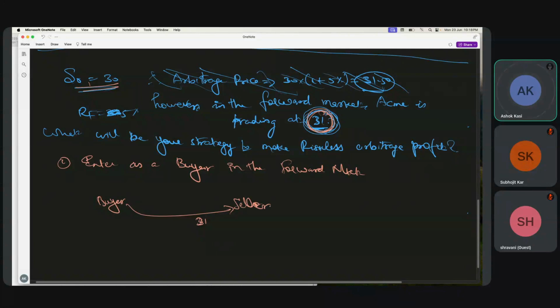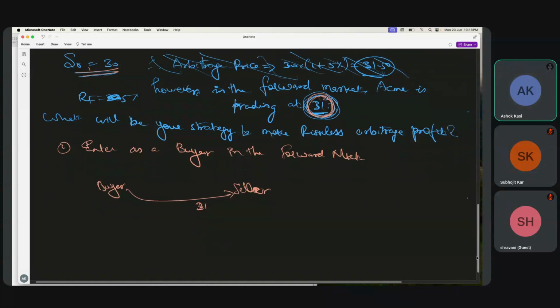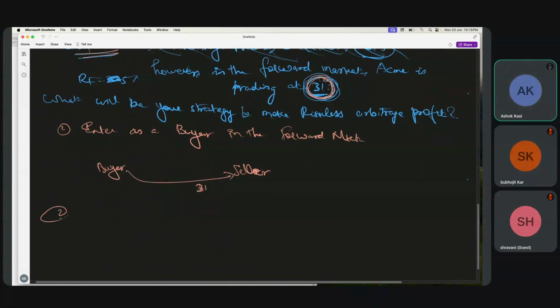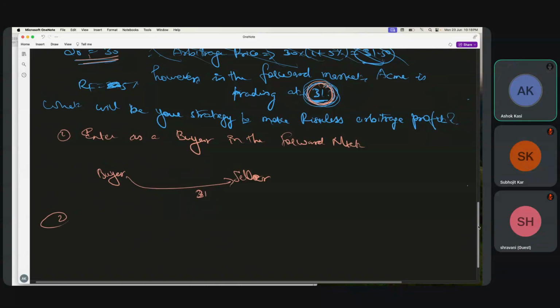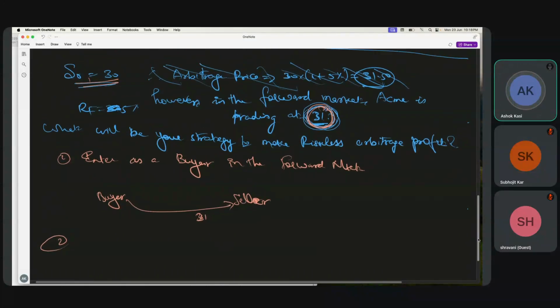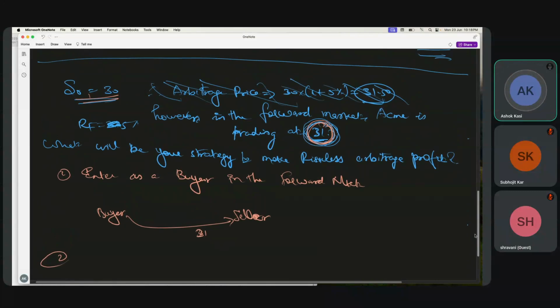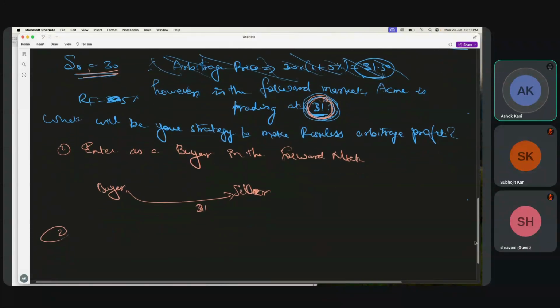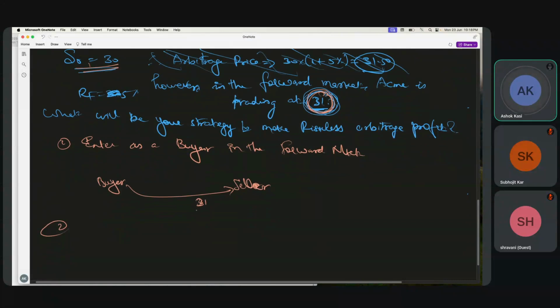Now, if you are agreeing to pay 31 after 1 year, you should get 31 rupees after 1 year. So what will you do now? Today, enter as a buyer in the forward contract.